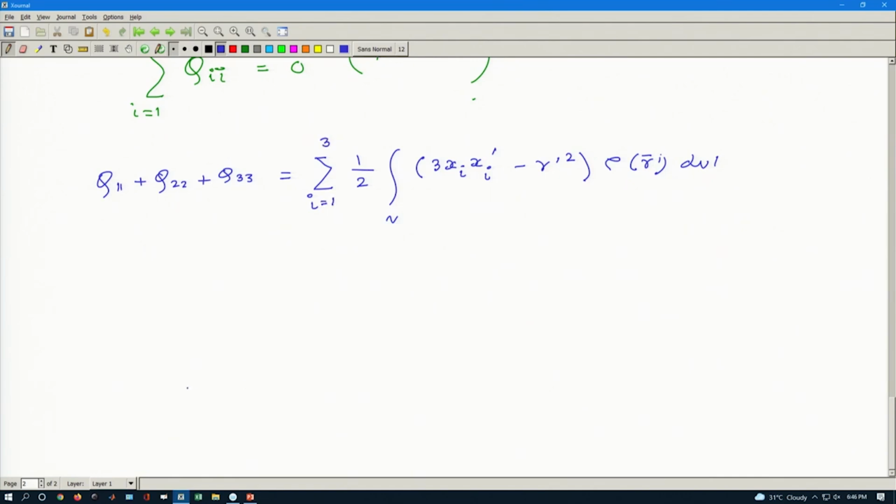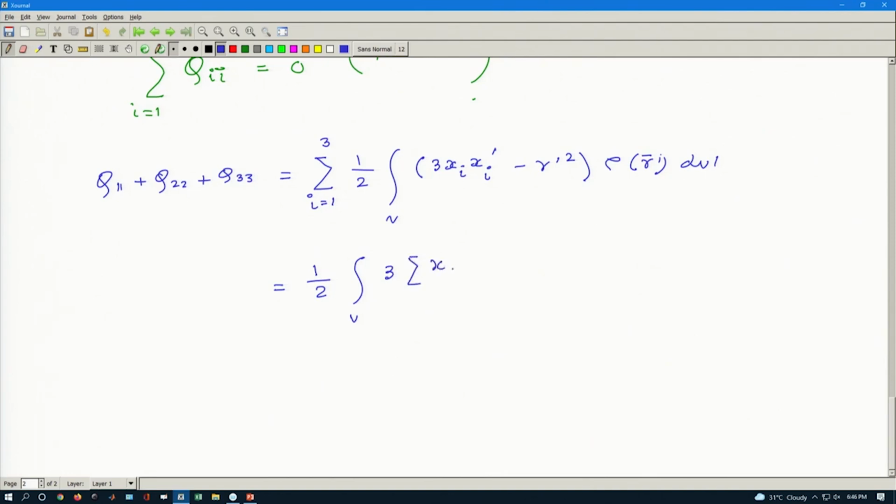When I make a summation over i from 1 to 3, let us take the half outside and put this integration inside. Then you will have 3, and this integration is only over this term.